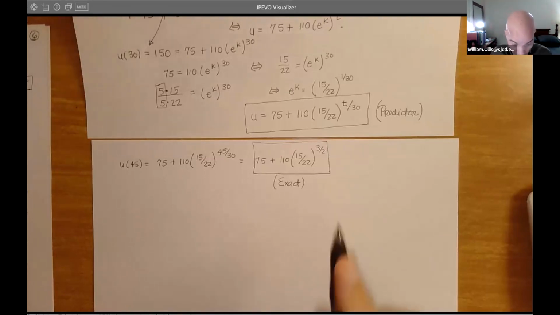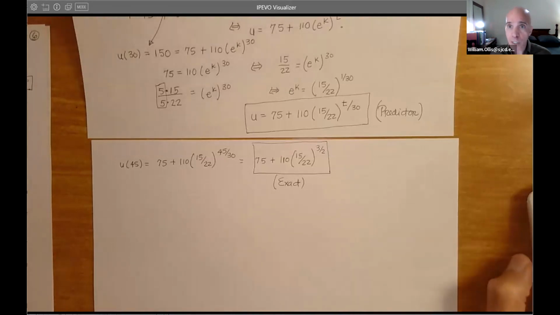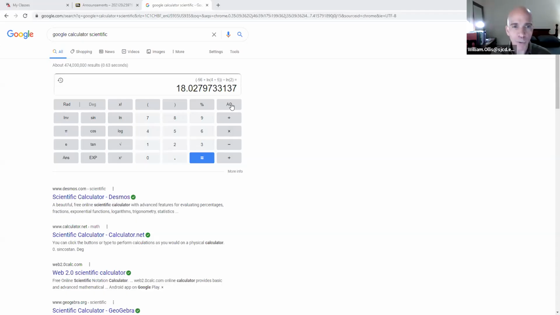So now if you go to your Google calculator, let's find Google again. What would we do without Google? Okay, so now let's see what we have. Let's go ahead and do the exponential part first. So we'll do 110 times, and then we have our parenthesis for our base, 15 divided by 22.